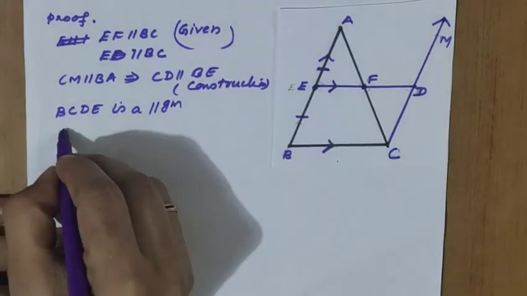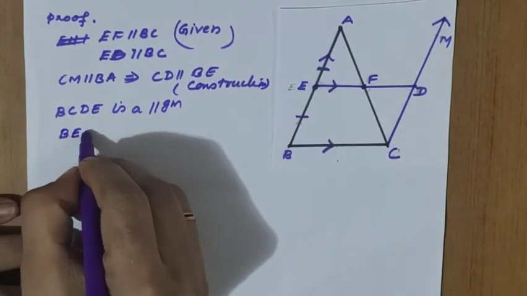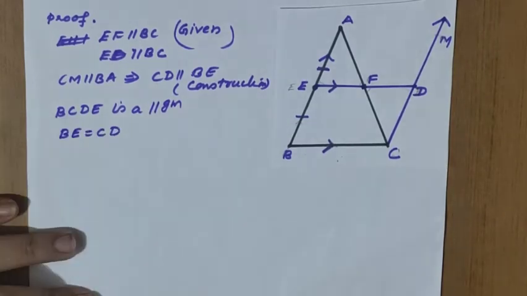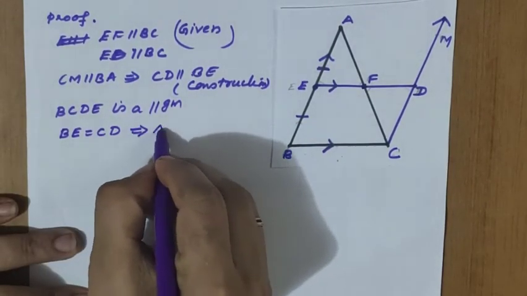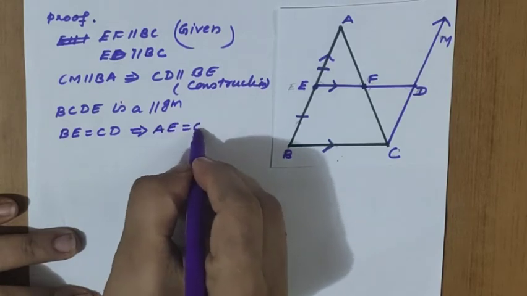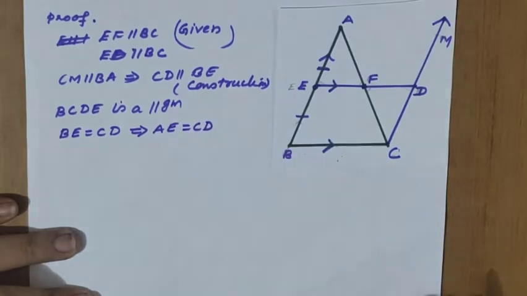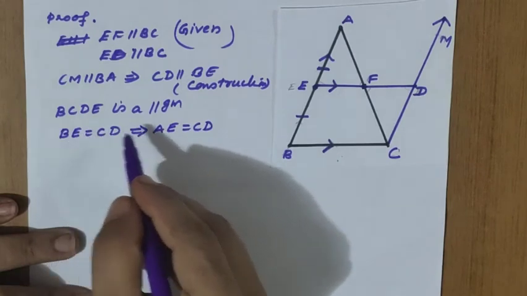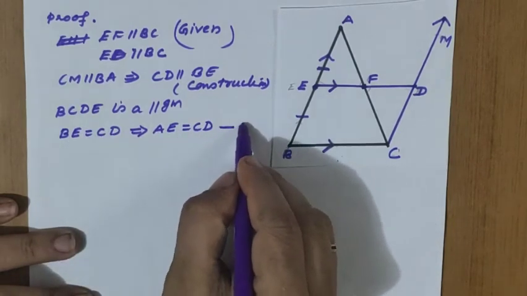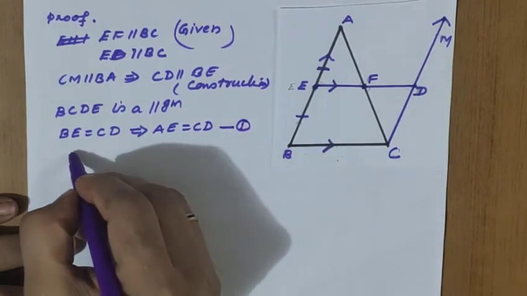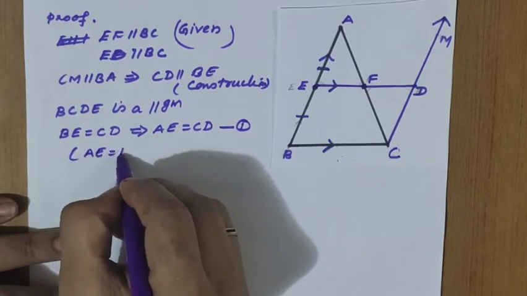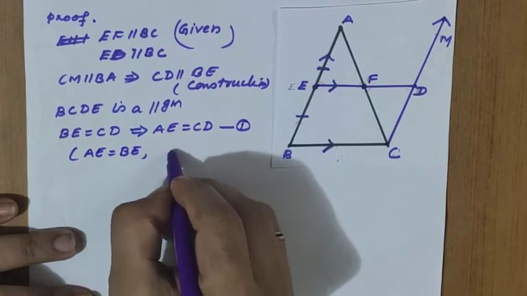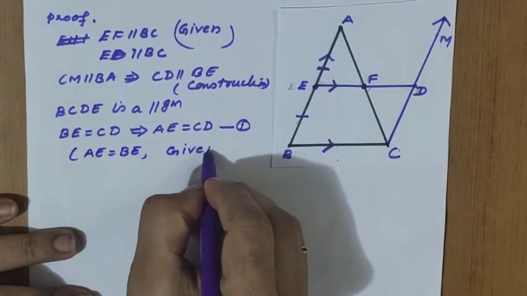We can say that BE equal to CD. If BE equal to CD, can we write AE equal to CD? What is the reason for this? AE and BE are equal. Equation number 1. AE equal to BE given. That is the reason.